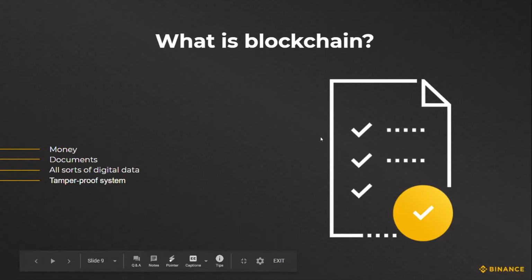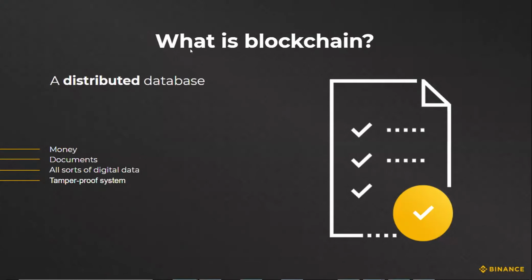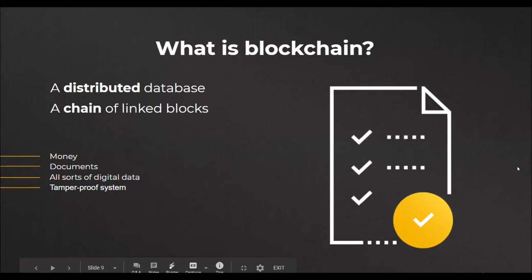And it's a tamper-proof system, meaning no one can hack it, no one can just go in there and anonymously change the data. Okay, so I've said it's a distributed database. Yes, it's a chain of linked blocks. So imagine each block is a store of information, and it's connected to all the other blocks.